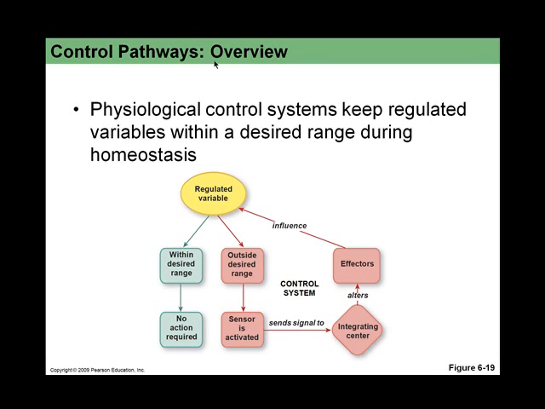Now to consider pathways, we first look at an overview. So there's physiological control systems that keep regulated variables within a desired range during homeostasis. So there is some set value, like the thermostat. We always use the thermostat at our home as an example. And a thermostat is going to have some efficiency.